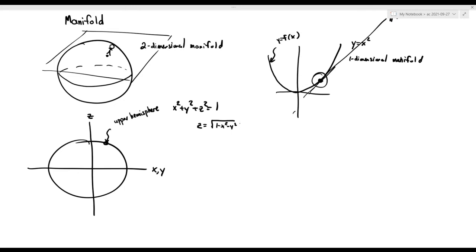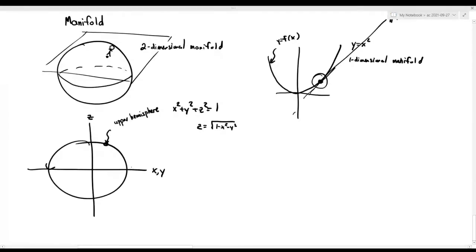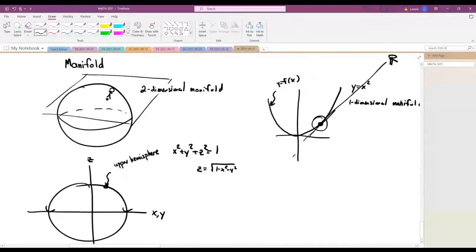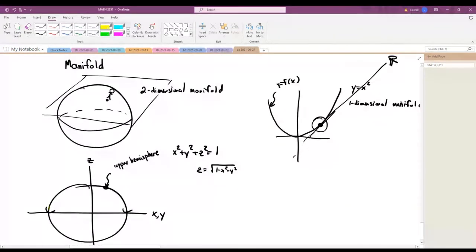So we were able to write Z as a function of two variables where X and Y can be thought of as independent variables, right? So we call that a patch, if you will. We can cover the full upper hemisphere except for the XY plane itself. So that would just cover just this part, right?